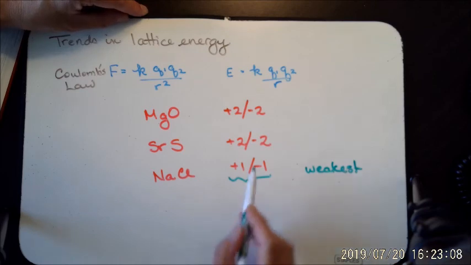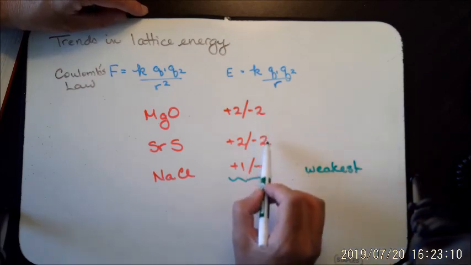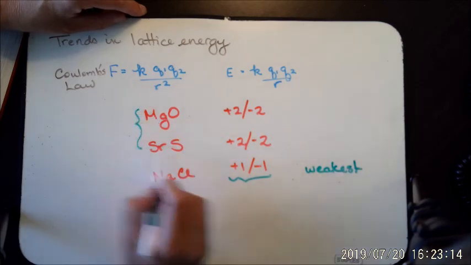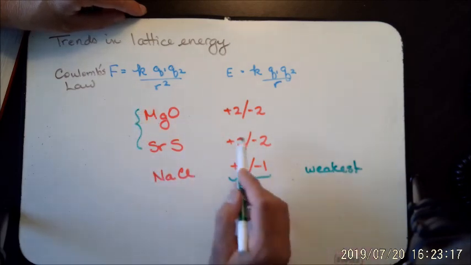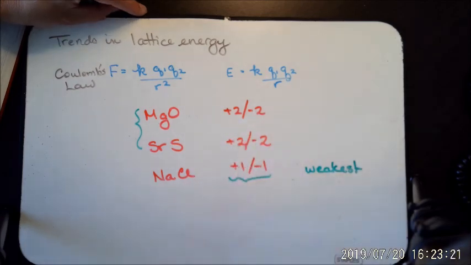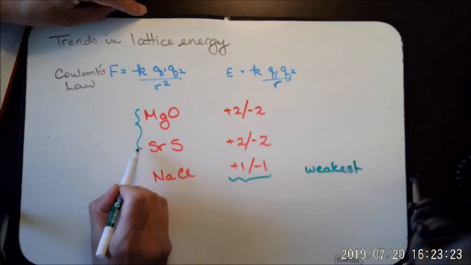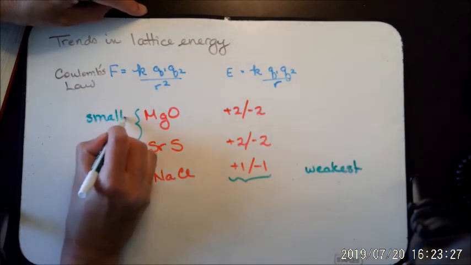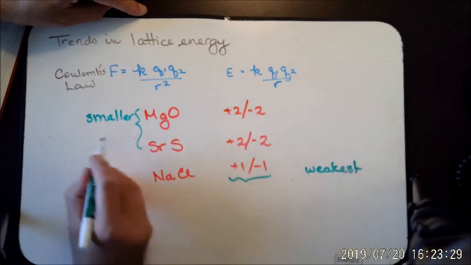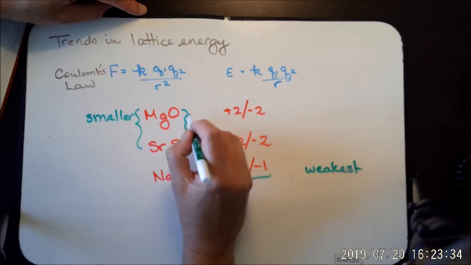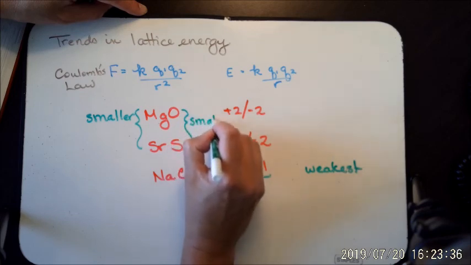Okay? Now, if you had to compare these two by nature of the charge, they're the same. So how do you compare the two? Once you know the charge, you can rank it. If the charge differences are the same, then let's look at the sizes. Magnesium is smaller than strontium, and oxygen is smaller than sulfur.